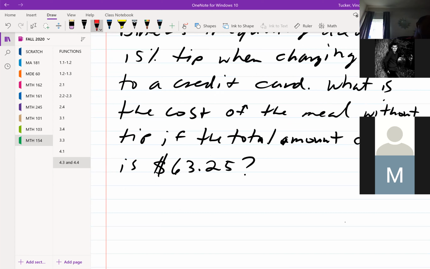When you look at the setup, you're talking about percentage-wise and what this new value represents. You have your original amount, then the increase, and that's going to be equal to the new amount or the new value.